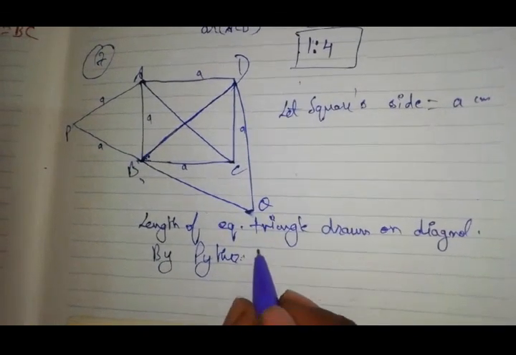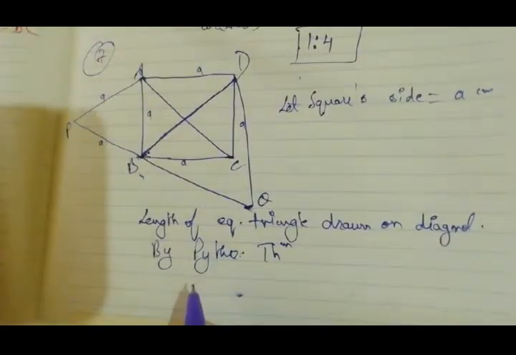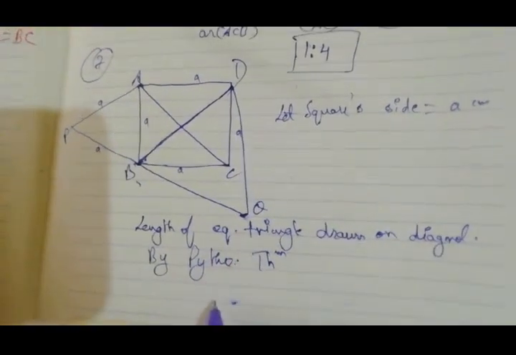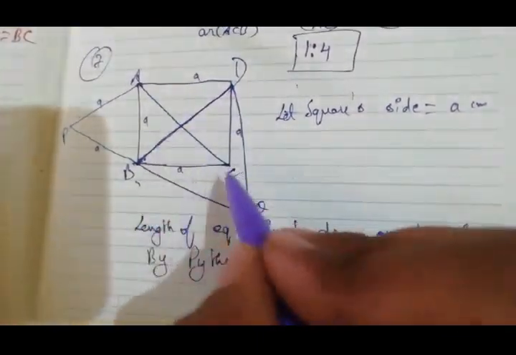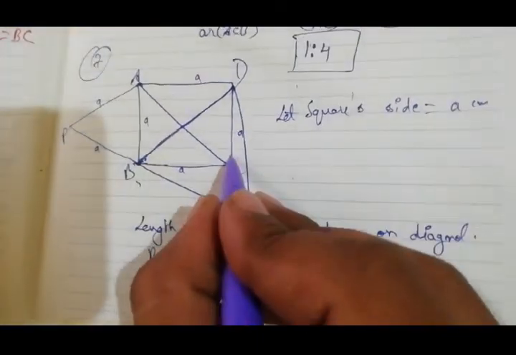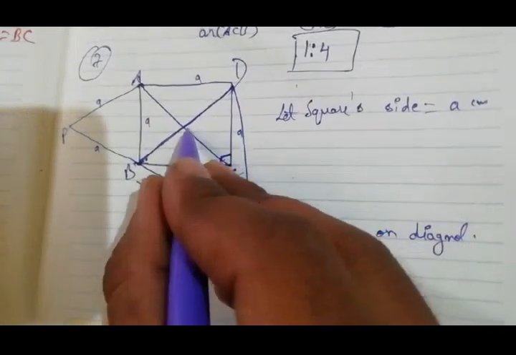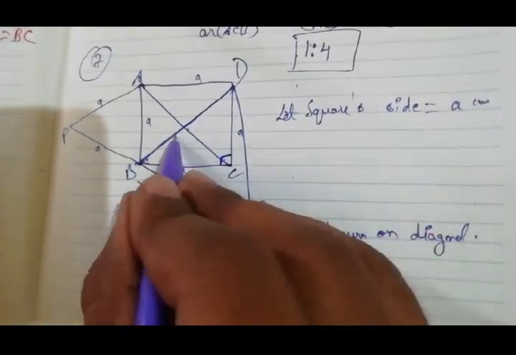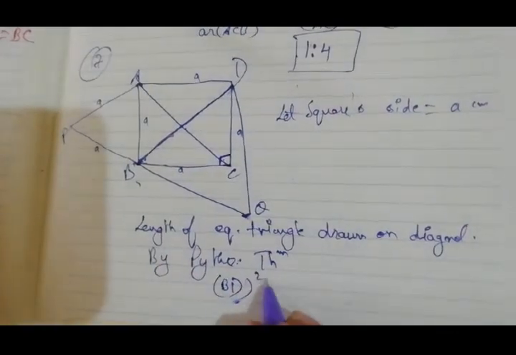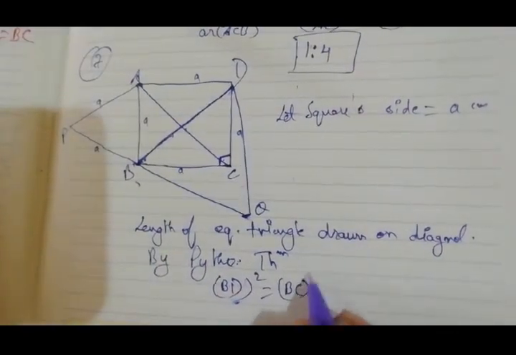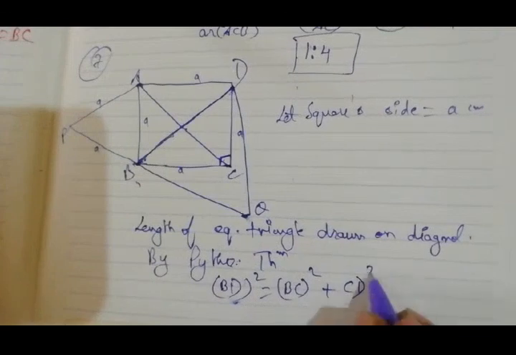By Pythagoras theorem, the hypotenuse here will be BD, because this is 90 degrees and the side opposite the greatest angle is greatest. So BD squared is equal to BC squared plus CD squared.